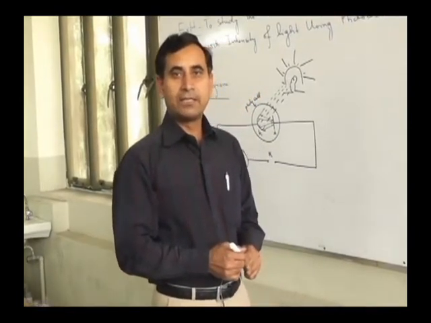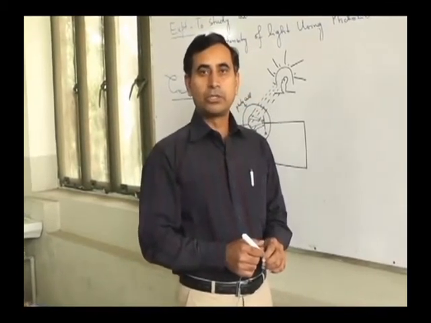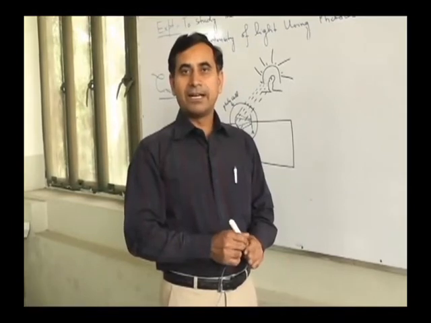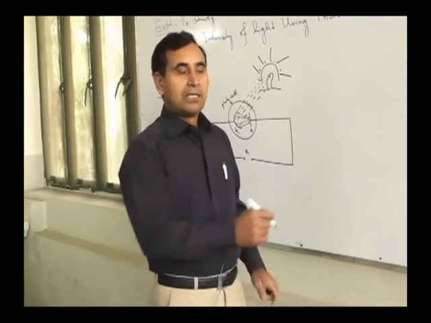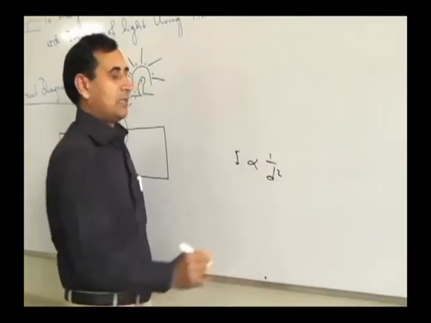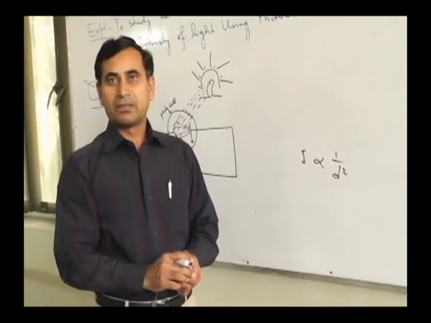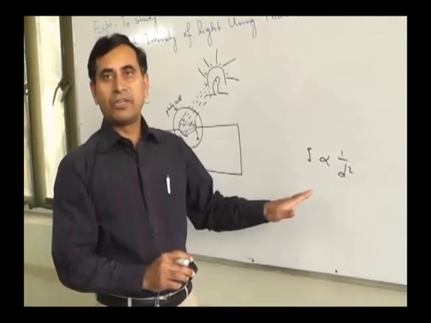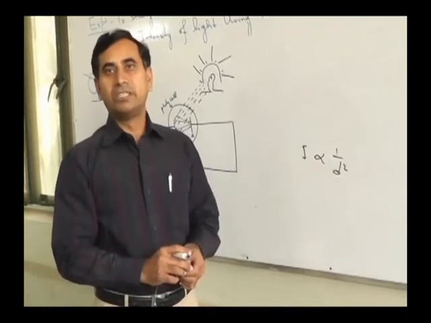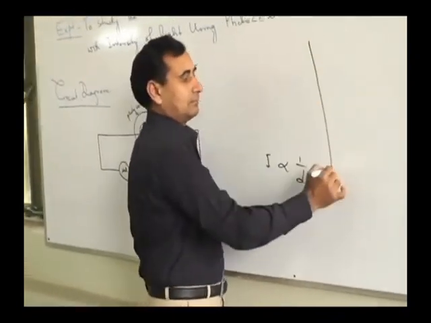Now here we know that light intensity is inversely proportional to the square of the distance. So we will take here intensity I directly proportional to 1 over d square. Now we will plot the graph here between 1 over d square and current.